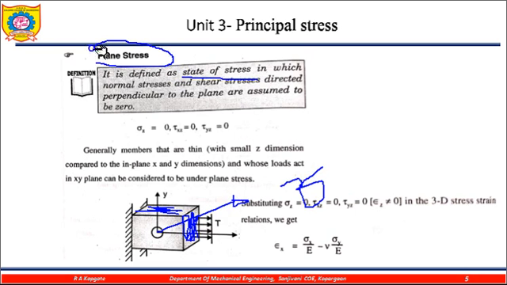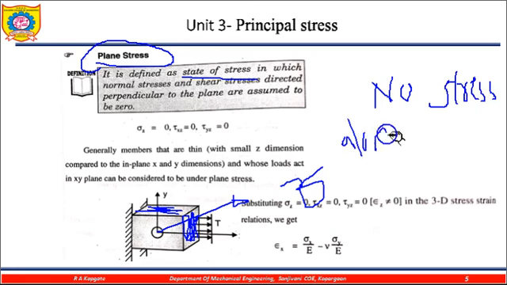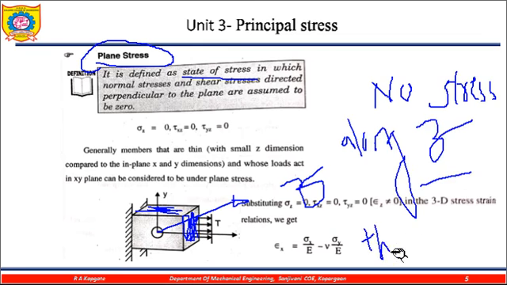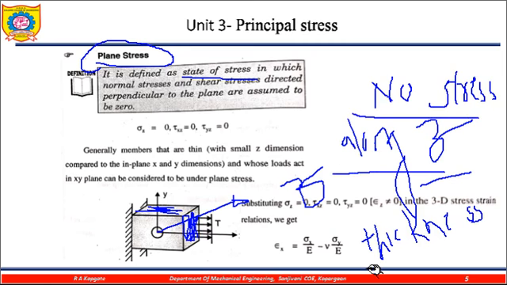It is a plane stress case, or I would simply say that there is no stress along the z axis, or along the thickness.